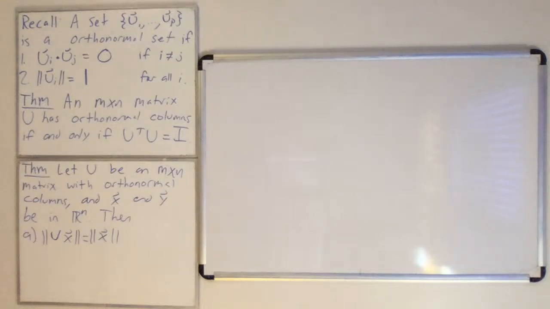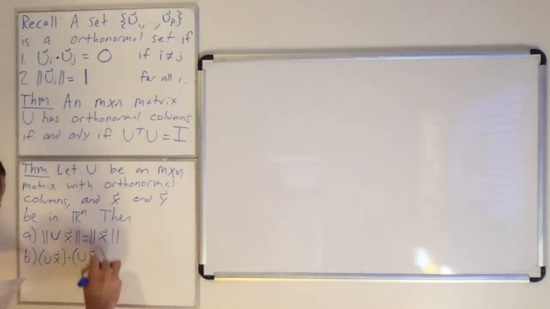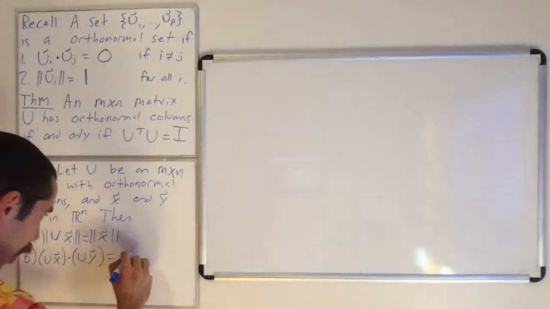The second part says the dot product of Ux and Uy is equal to the dot product of x and y.